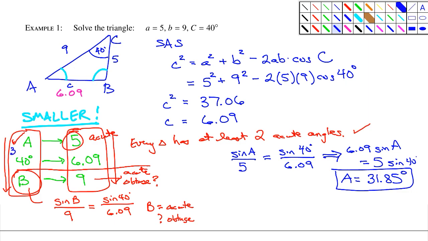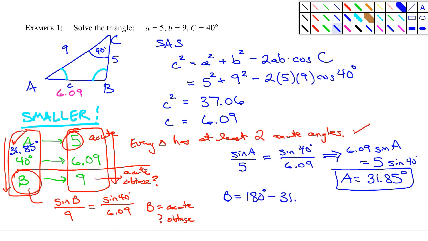That is acute, and that does make sense with what we know so far. The angle A needed to be smaller than 40 degrees since it was across from the side that was smaller than 6.09. And now what do we do with the B? Now we just use the fact that the sum of the angles of a triangle is 180, and we'll see what we ended up with here.